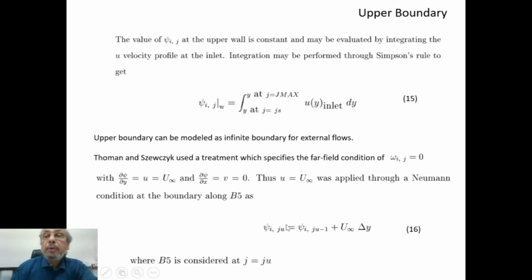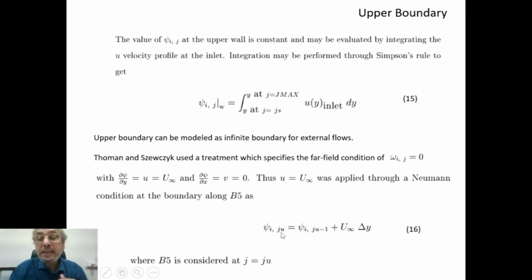So between just two neighboring layers in the far field, why I'm saying neighboring layer: the topmost layer nomenclature is Ju, and just one layer below in the J direction the nomenclature is Ju minus 1.